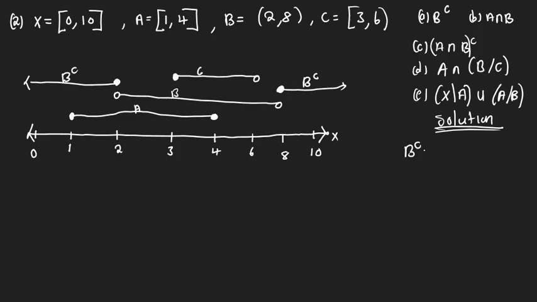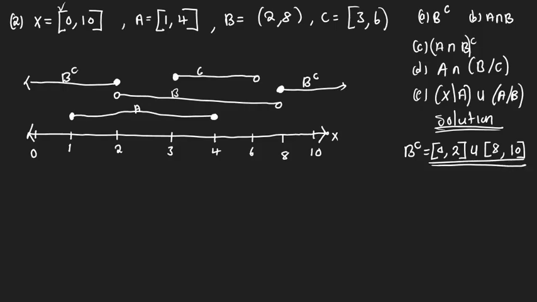So B complement is going to be this set from 0. 0 was part of the universal, it was included, so we are going to say 0 comma, and then 2 is part of B complement, so you put your 2, and then you say union of, and then you come here, since 8 was part of the B complement, and then it goes all the way to 10. 10 was part of the universal, so this is going to be our B complement.